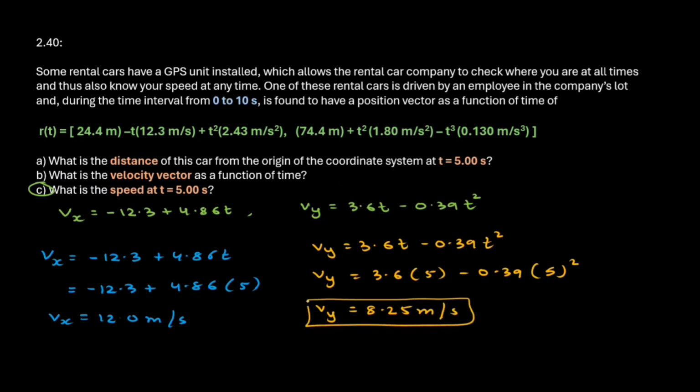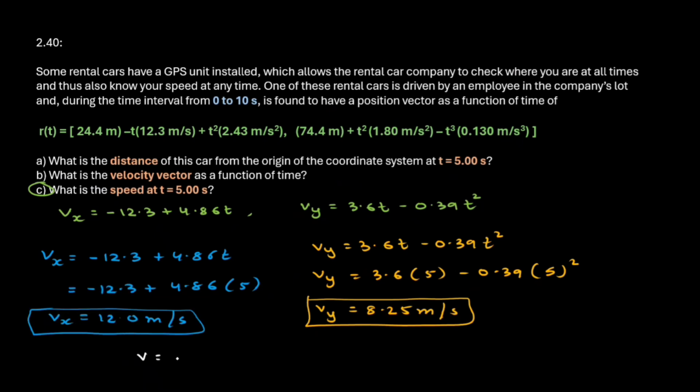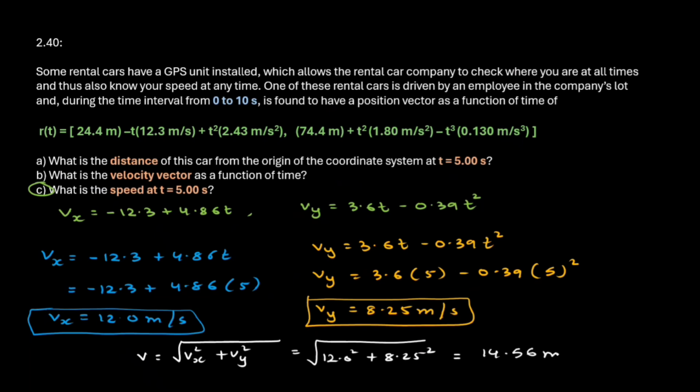After we find the x and y components of velocity, now we can find the speed by taking magnitude of velocity. So we get the speed v as square root vx squared plus vy squared, which is equal to square root 12 squared plus 8.25 squared. That gives me the speed as 14.56 meter per second.